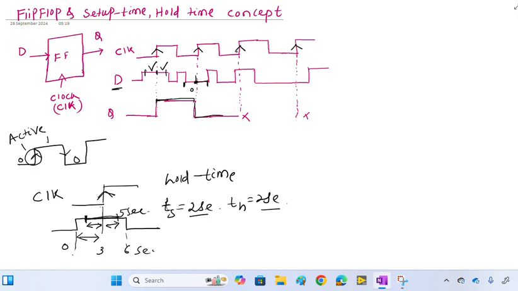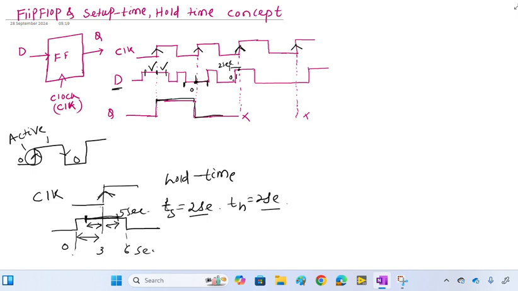Now coming to the next rising edge which is coming here. Here, from the rising edge, this is the 2 seconds. The data must be constant for 2 seconds before the rising edge, but it is not constant. Here it is 0, then it changes to 1.